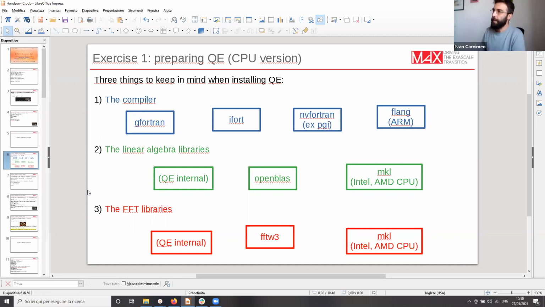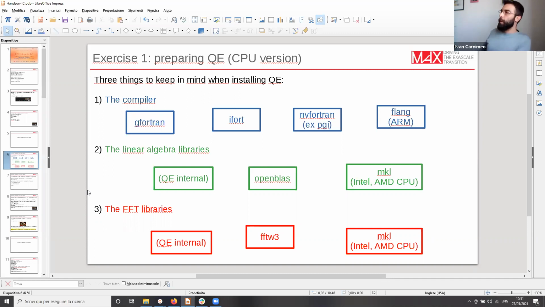So we need libraries for doing linear algebra operations, matrix-matrix product, diagonalization, QR decompositions, stuff like that, and libraries for doing fast Fourier transforms. Of course, if you don't have any external library installed on your system, Quantum Espresso provides its own internal version of both linear algebra libraries and fast Fourier transform libraries.